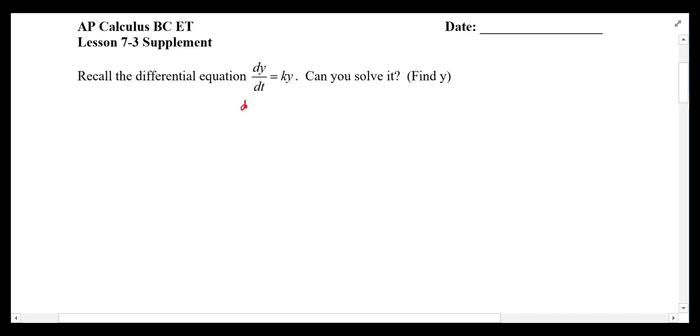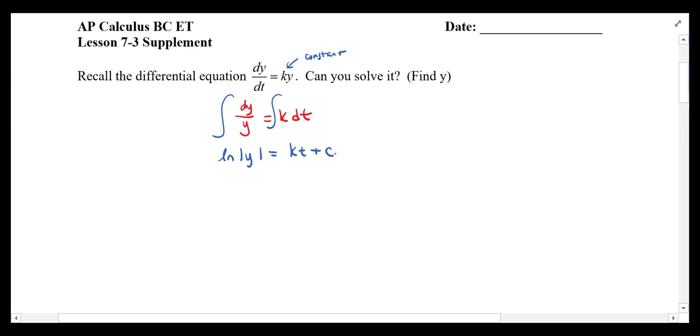Yeah, I hope so. Separate the variables. y will go on one side, and then the dt will go on the other side. Remember, k is a constant, so don't worry about that being another variable. We're going to take the antiderivative, which gives you the natural log of the absolute value of y equals kt plus c.